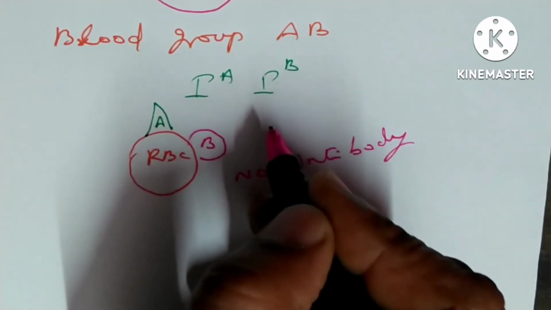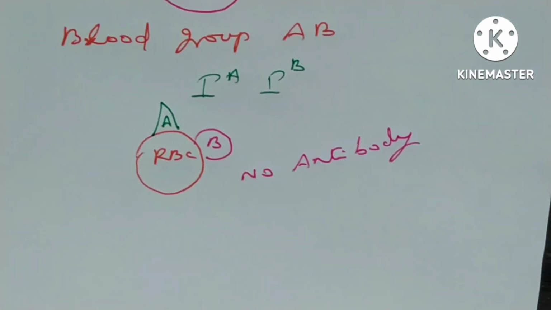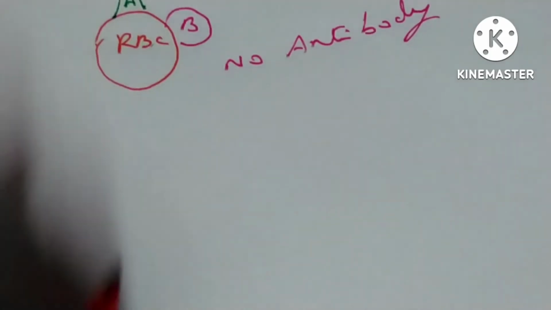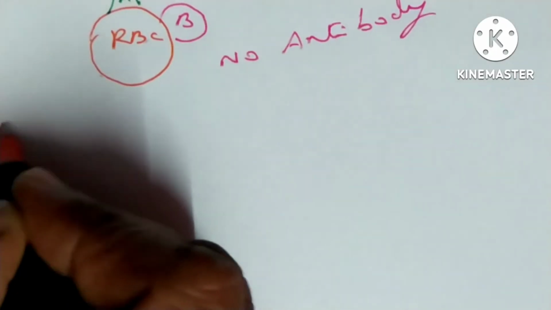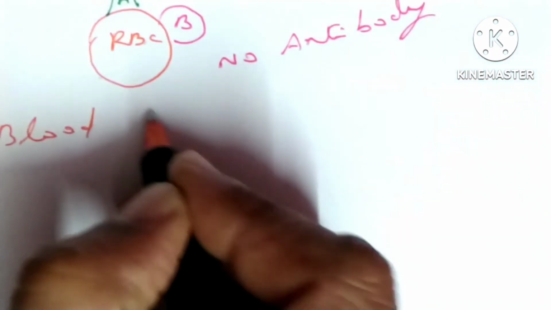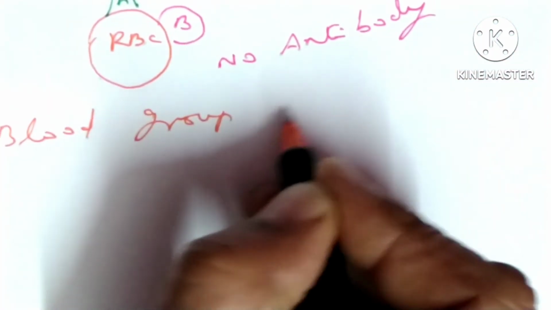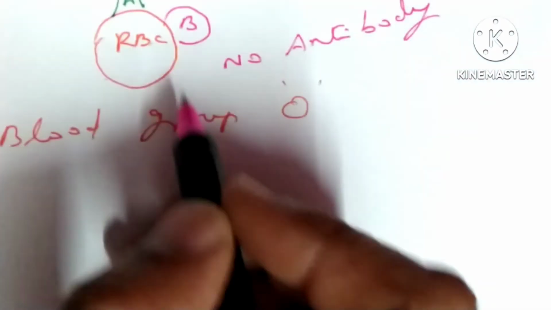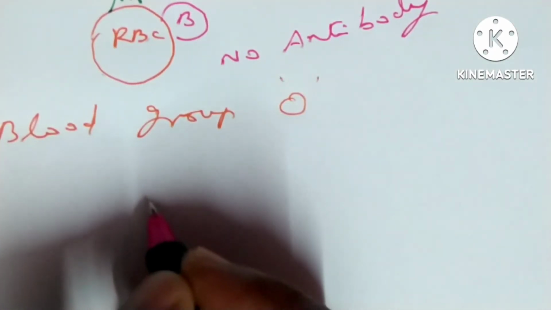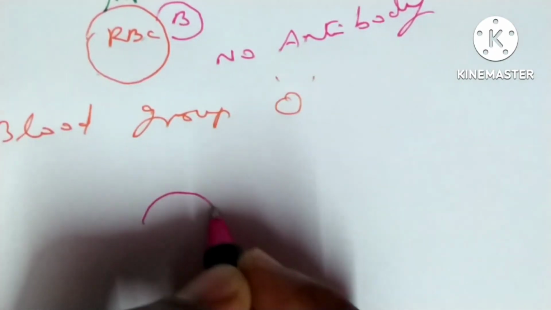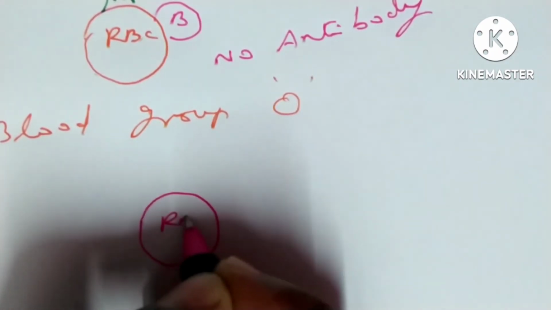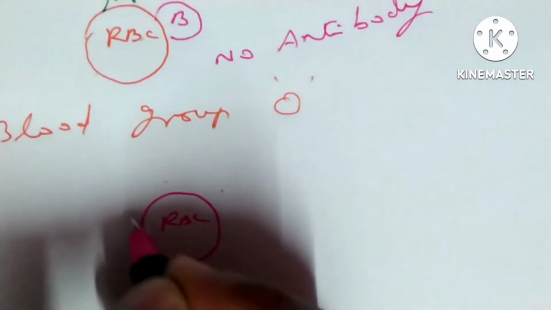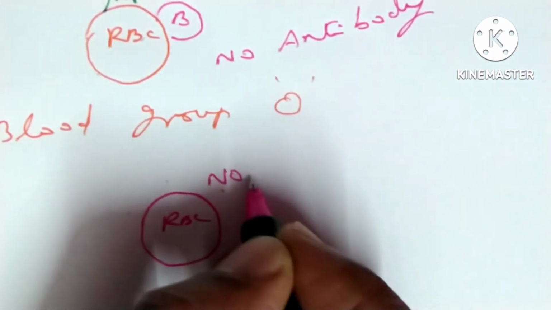Next one, blood group O. In this blood group O, on the RBC surface there is no antigen.